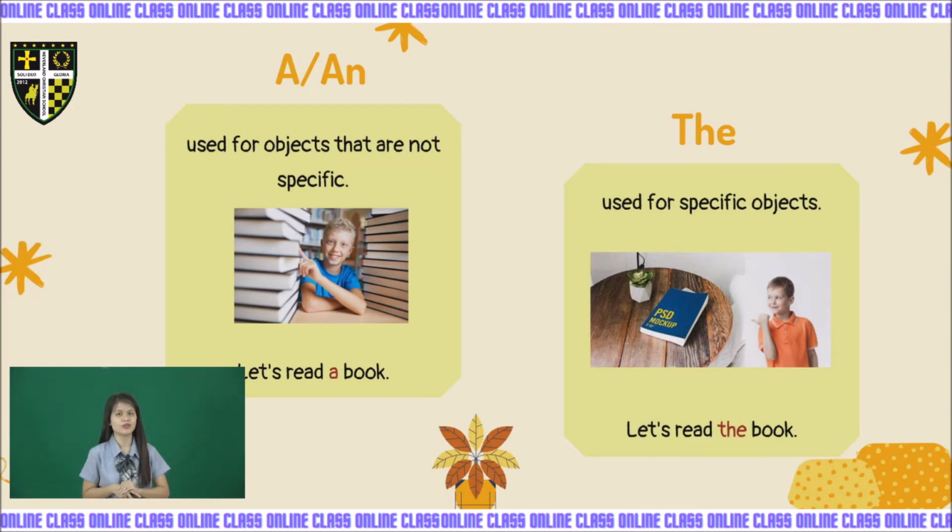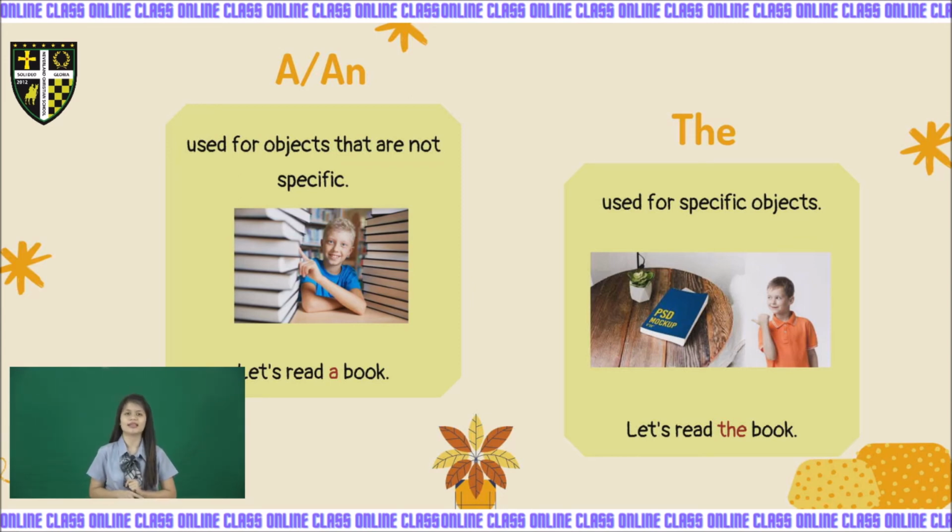But once you use the article the, this is used for a specific one. See on the picture, the example sentence is, let's read the book. So meaning only that book that you can see is the one he is going to read.